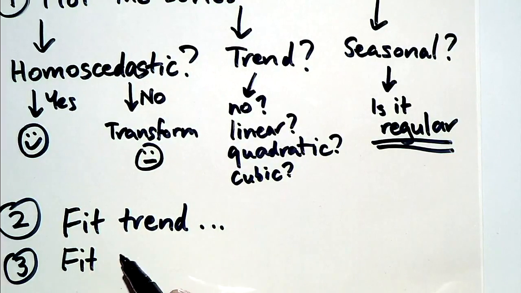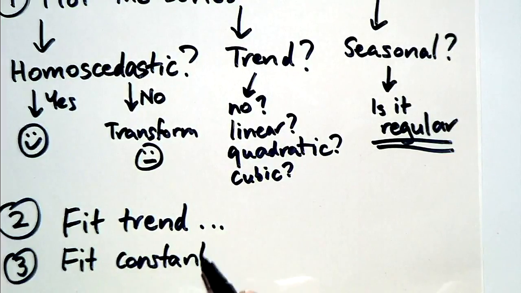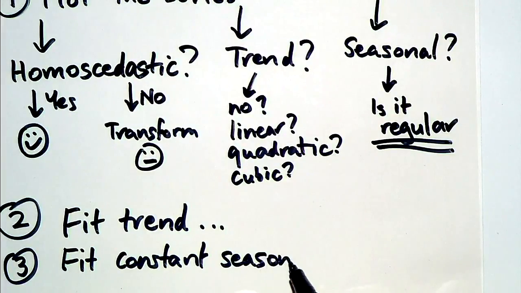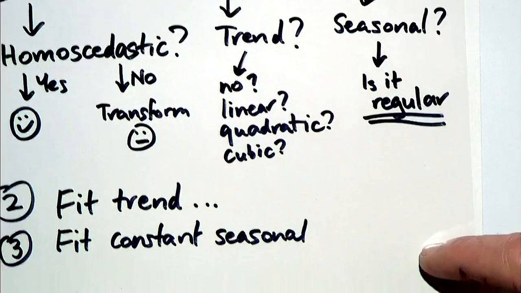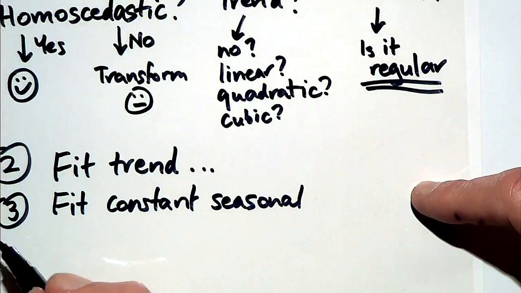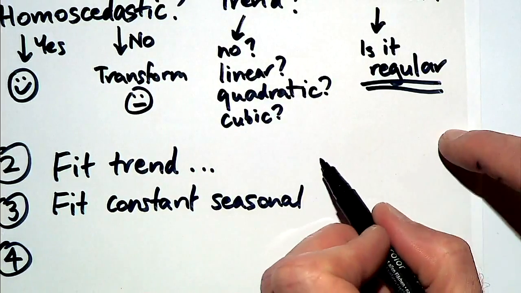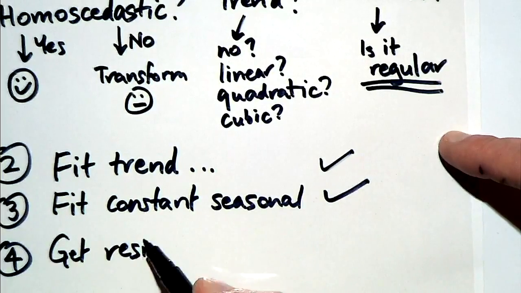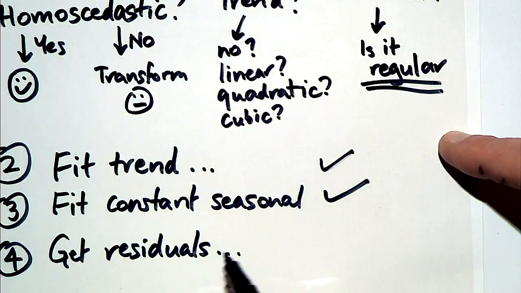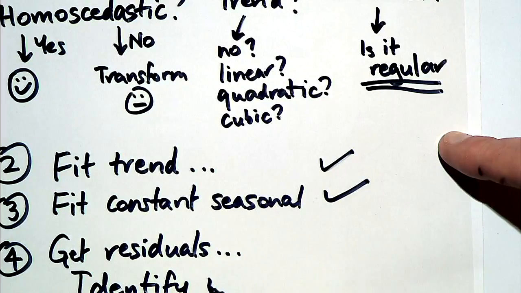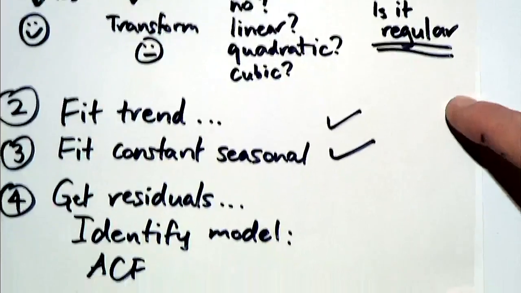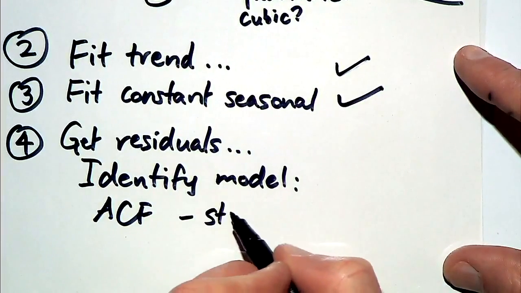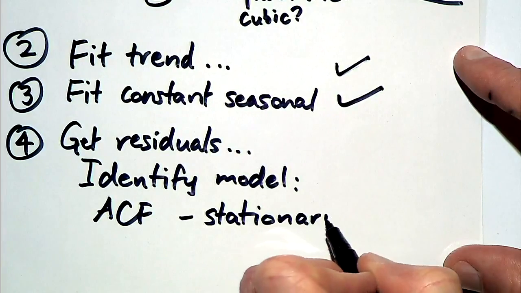Second step, fit. We're going to restrict ourselves to constant seasonal models. So fit a constant seasonal. That's going to be the next step. So we fit this, we get residuals from this fit. Get residuals, then identify model. Use the ACF to check whether things are stationary.